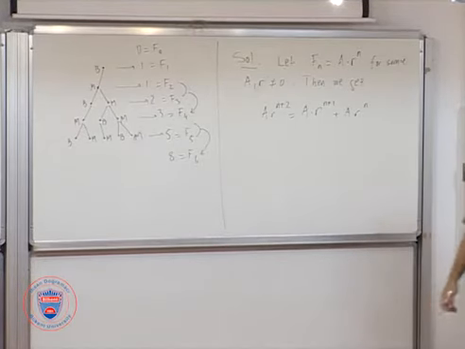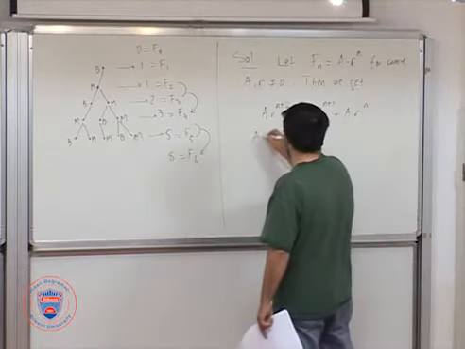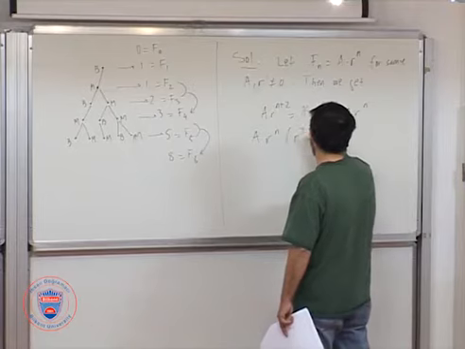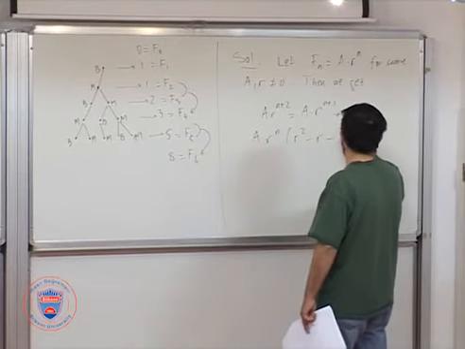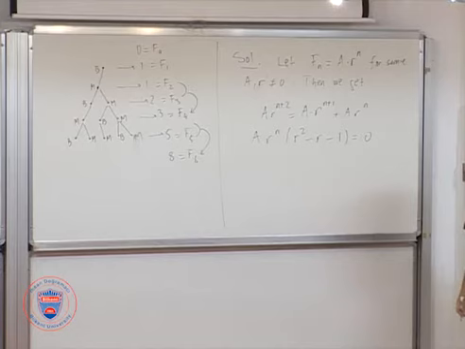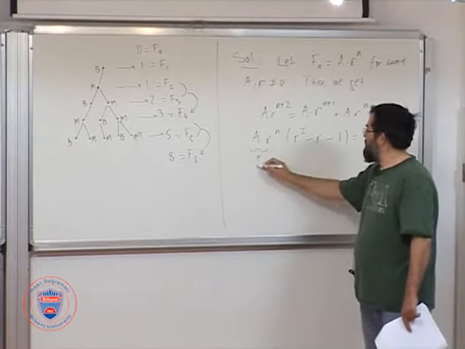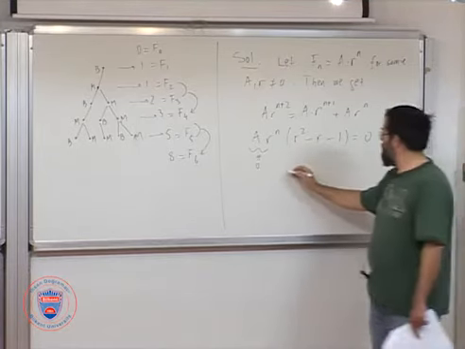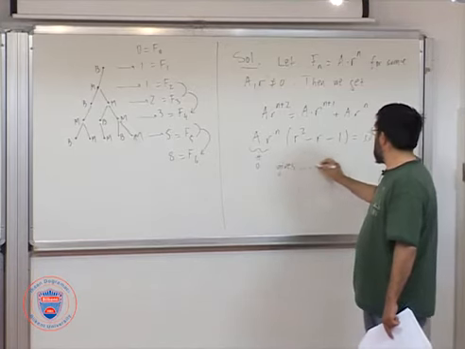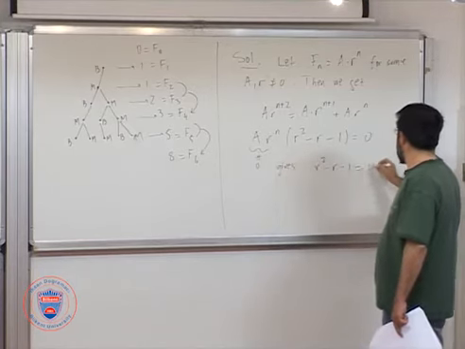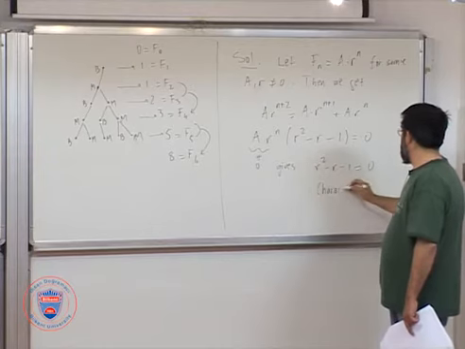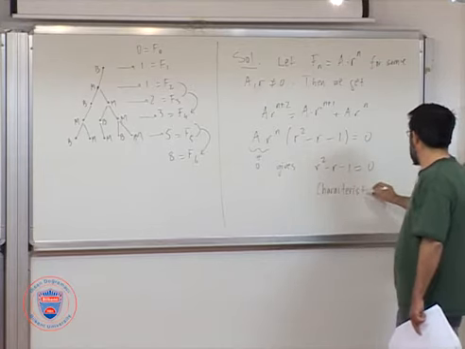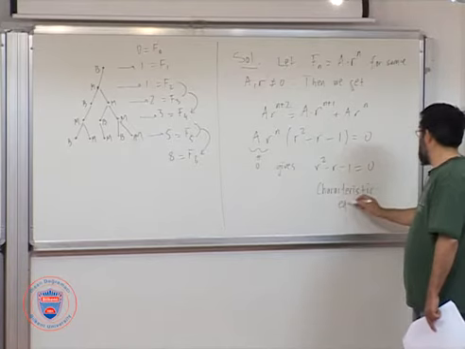Now this is an equation involving A and r, and then you factorize this part. You get an equation like this. By our choice that A and r are non-zero, this part is non-zero. So this forces this part to be 0. Now this is called the characteristic equation of the recurrence.